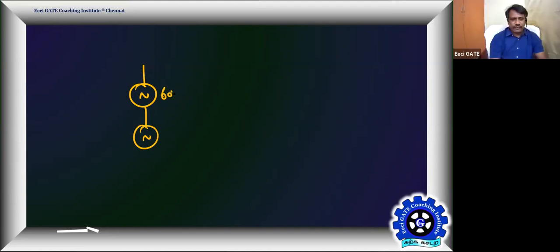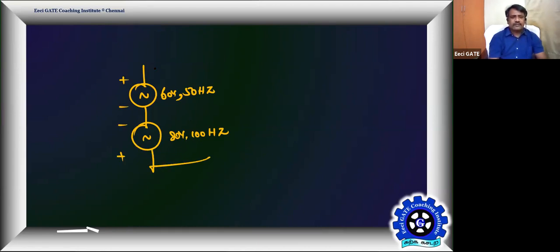I'll give a different example. 100 volt. 60 volt, 50 hertz, 100 volt, 1 minute, 80 volt, 100 hertz, plus minus, minus plus is connected.